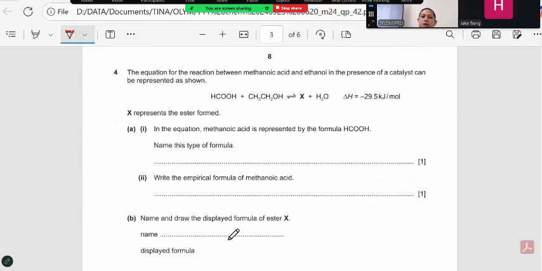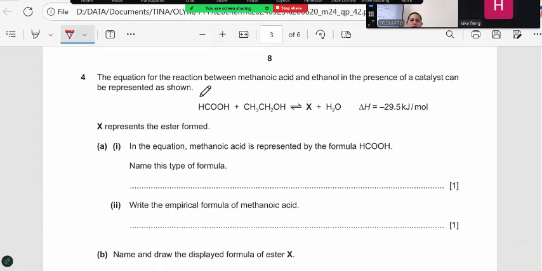What is this? This is a carboxylic acid. Carboxylic acid with one carbon is called methanoic acid. This is an alcohol. How many carbons do you see? 2. So 2 carbons is called ethanol.